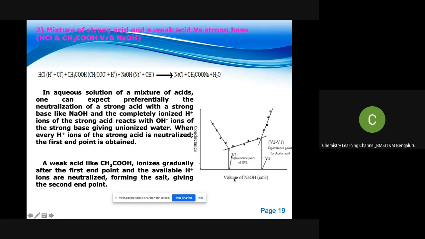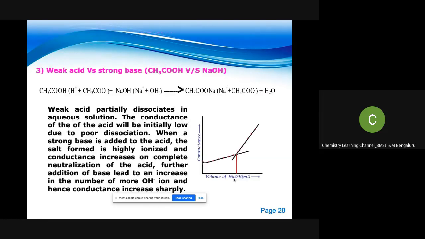Okay. Next one. Last one. Weak acid versus strong base. So the weak acid is acetic acid, which is taken in the beaker, and NaOH is taken in the microburette. Okay, the same experimental setup has to be done. So when acetic acid is titrated against NaOH, sodium acetate is the salt which is formed along with water.